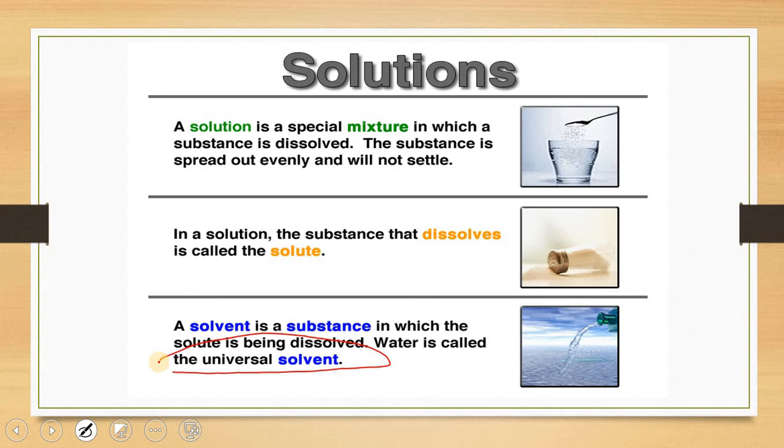Water can dissolve a lot of substances. A lot of solute it can dissolve. It can dissolve sugar, salt, syrup, for example, you can dissolve even chemicals. So these things, not all solvents can dissolve, only water. So it is why they are known as universal solvent.